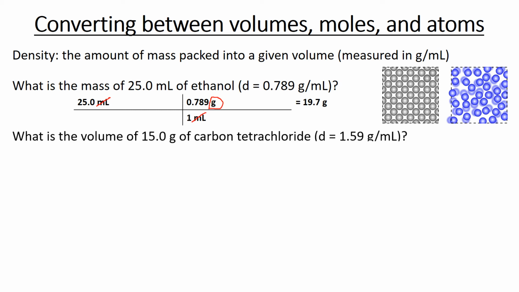What is the volume of 15.0 grams of carbon tetrachloride? The density of carbon tetrachloride is 1.59 grams per milliliter. Well, first, let's write 1.59 grams per milliliter as a conversion factor.